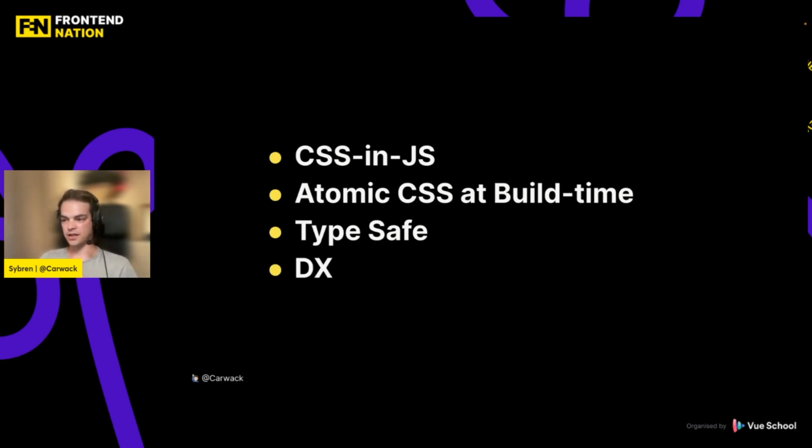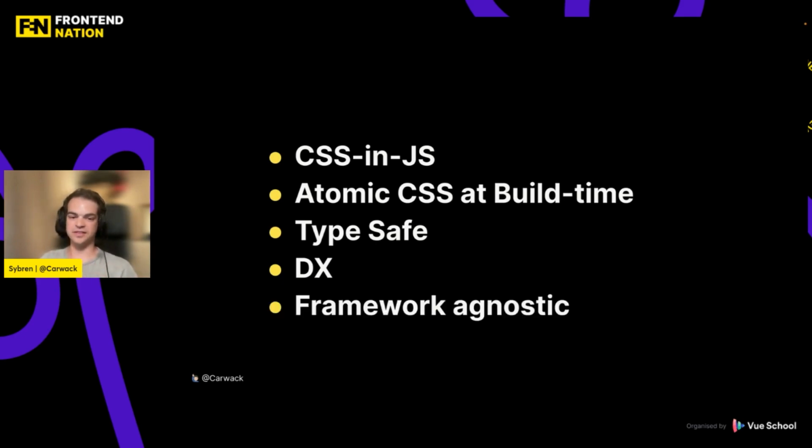It also has a focus on developer experience. For some people, CSS-in-JS is better developer experience, for some not, and I'll leave that open. But with type safety, there is also IntelliSense, and there is also a VS Code extension that really helps you to build with Panda CSS.